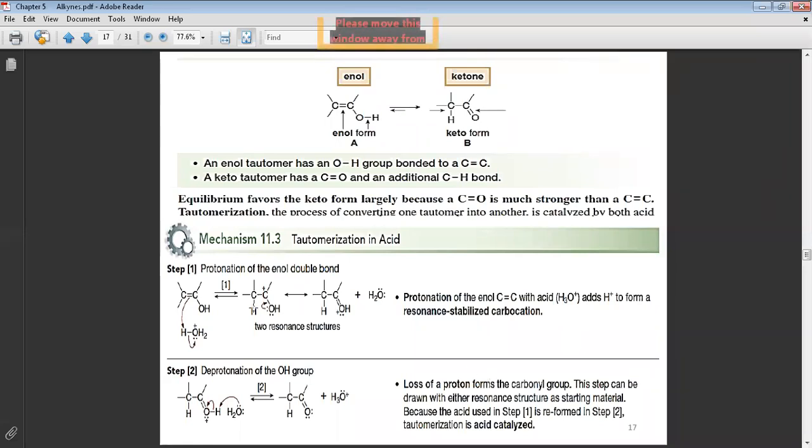This is the tautomerization in acid. How does the enol become the ketone, students? By these two steps: 1, 2. This is the tautomerism. Do you understand the tautomerism? I hope so. If you have a question, you can ask me. This is tautomerization in acid by using acid.